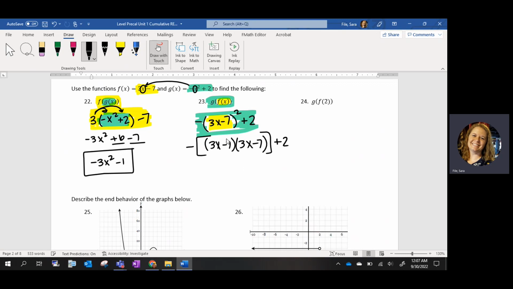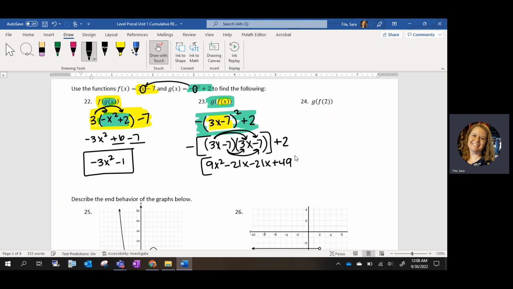So the foiling of squaring the binomial, remember that's first times first, and then outer, so the -7 and the 3x would be -21x, and then inner, -21x again, and then last times last. So -7 times -7 would be +49.